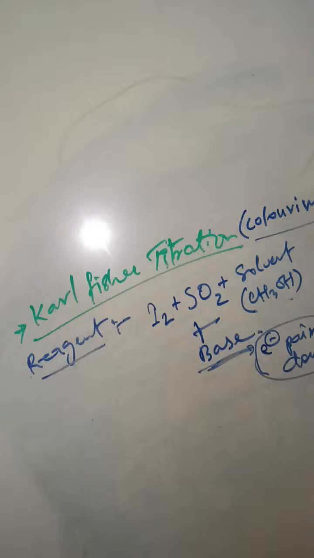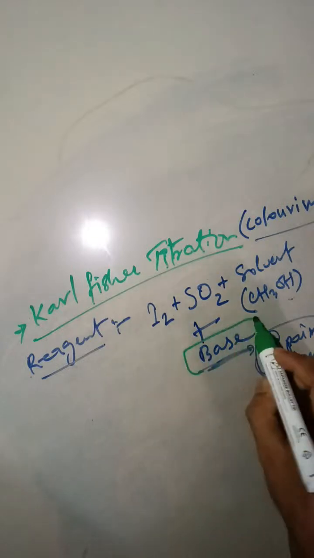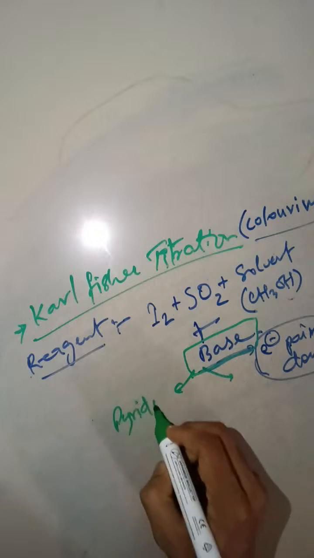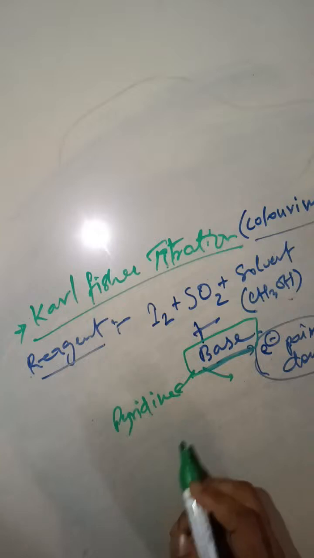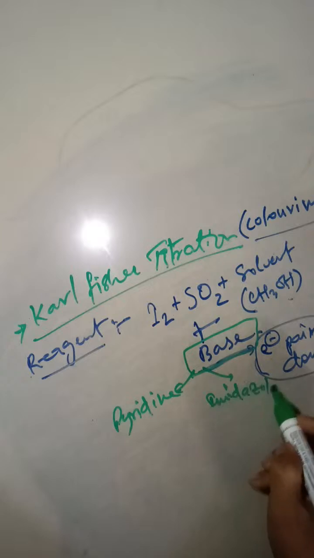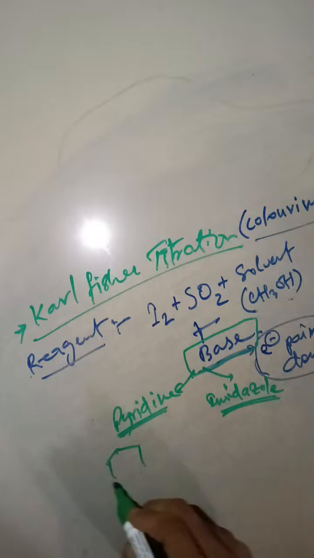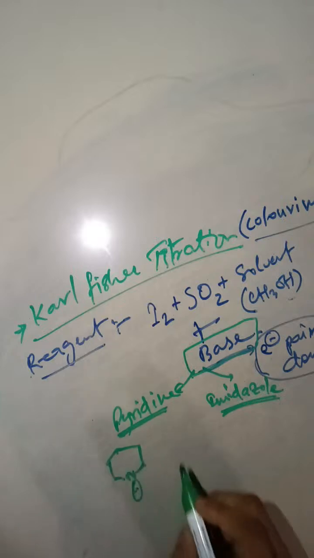So the bases are of two types. One is pyridine and the next one is imidazole. Pyridine is how many membered ring? 6 membered ring containing nitrogen.